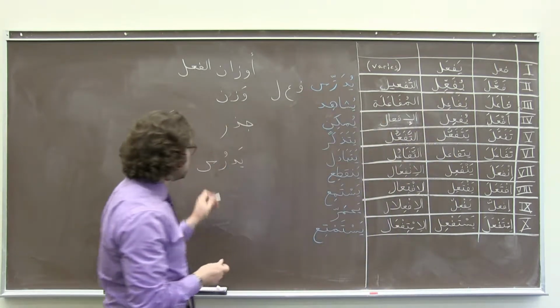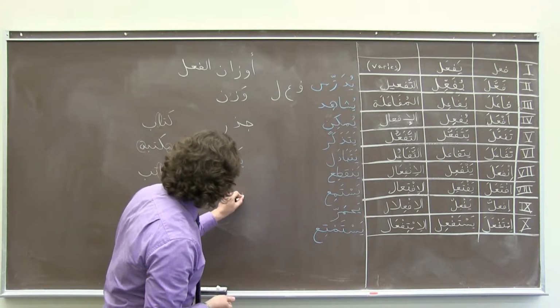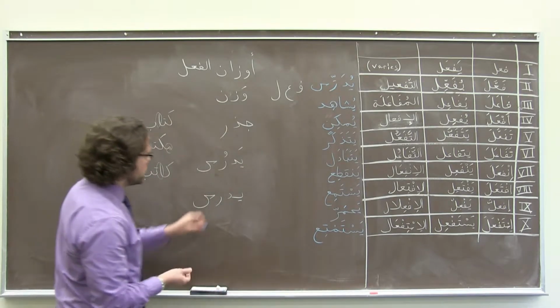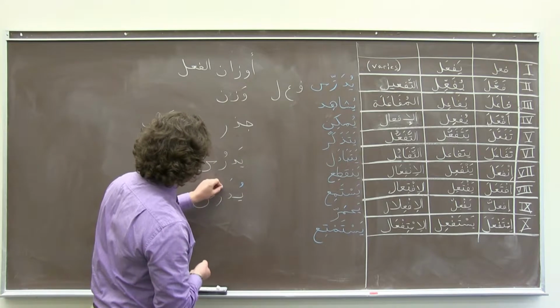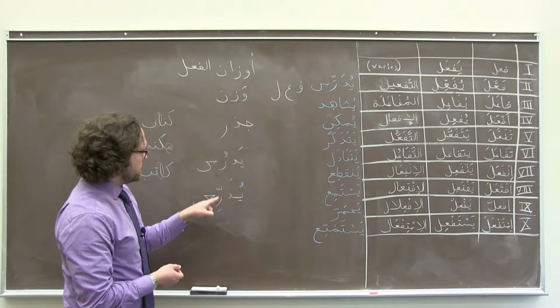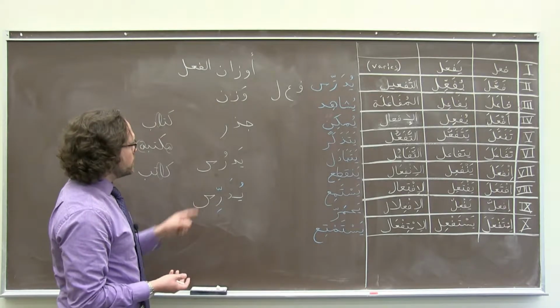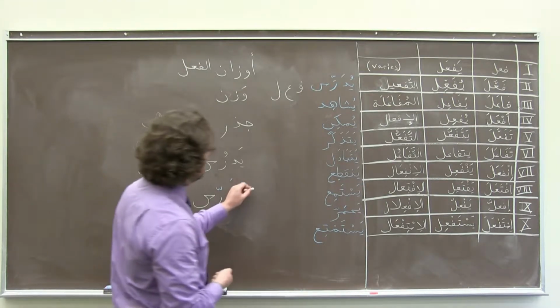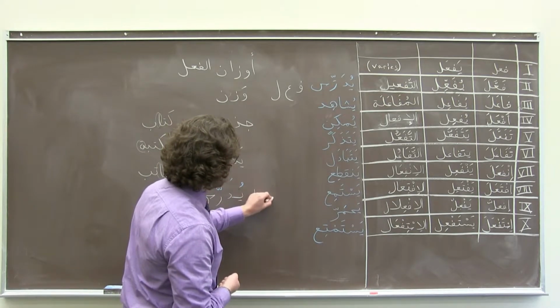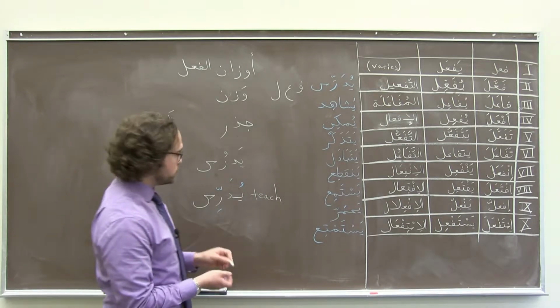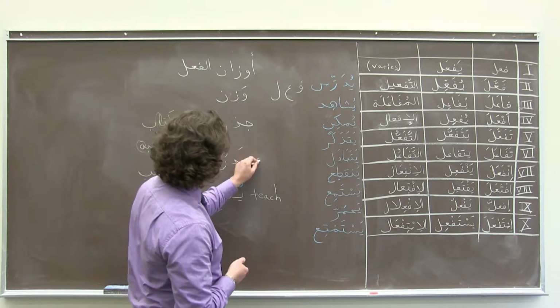So instead of yadrus, I wind up with yudarris, because I've got the dhamma, the fatha here, and the shadda with a kasra there. So I wind up with a word with a meaning that's related but not identical. Yudarris, conjugated, means he teaches, to teach, as opposed to yadrus, to study.